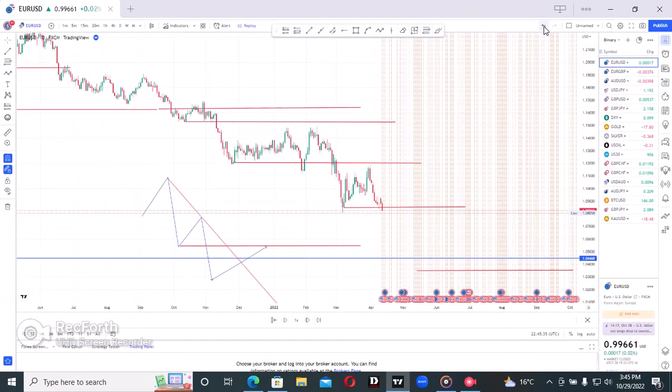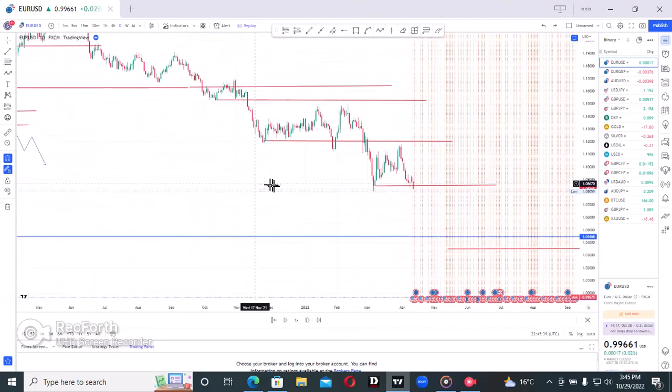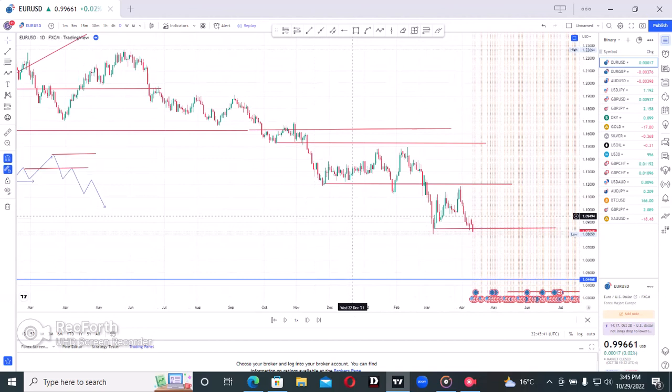So let's continue right here. This is the euro versus USD in the daily time frame chart. I hope now you can draw support and resistance levels.